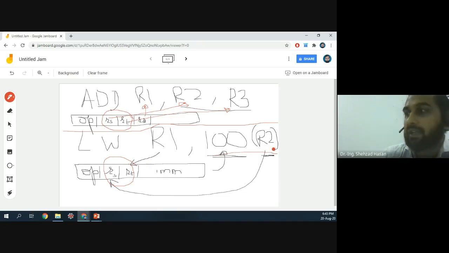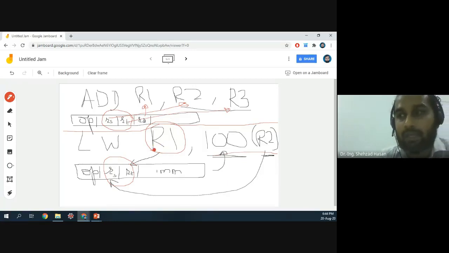So what's going to happen here is you are going to read R1's value in the decode stage while you don't need that value here. You don't need to read the value over here because you have to store something into it. You don't need that value to be read in the second stage. But to make all these operations common for all the instructions, we are going to read R1's value over here.